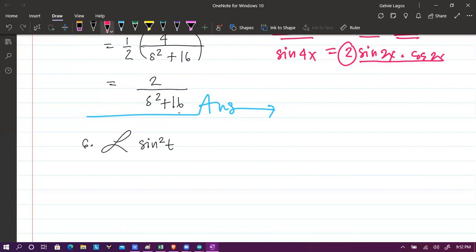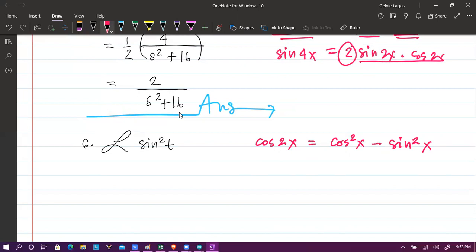Let's start with the cosine function. What is the identity of cosine of 2x? Recall the identity of cosine 2x is just cosine squared x minus sine squared x, right?